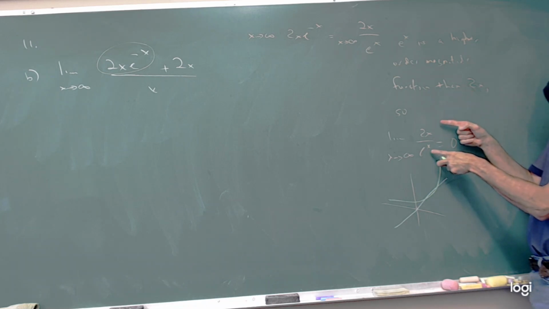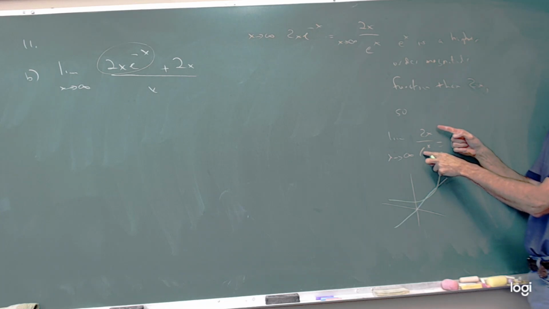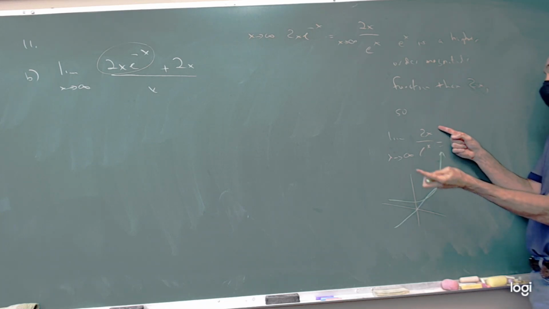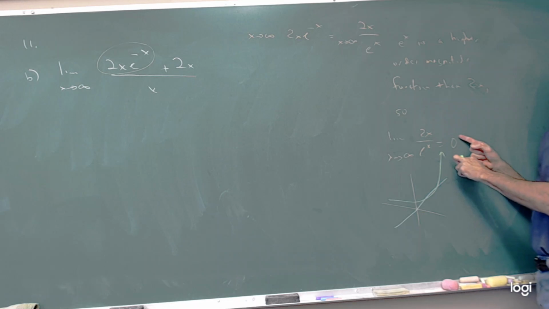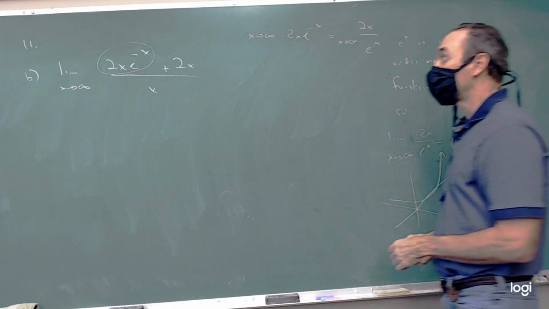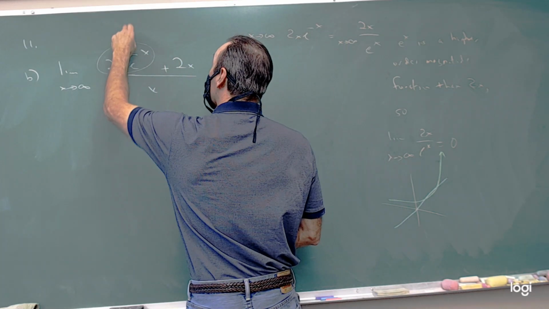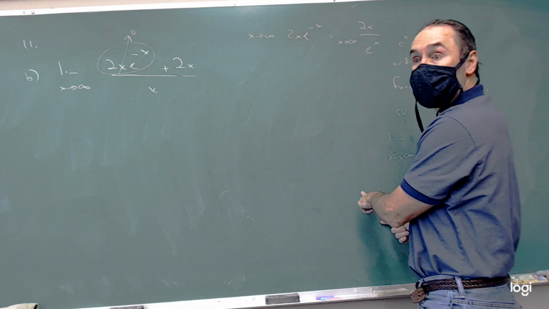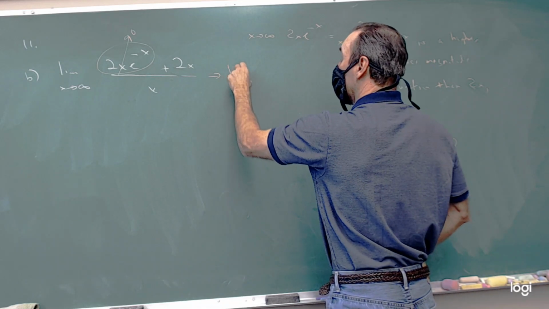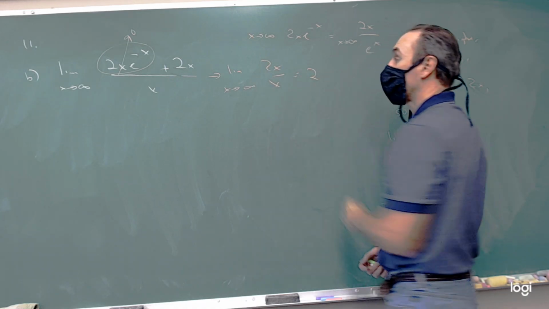As you look at that fraction, this thing's just overpowering it, and even though this may be a big number, this is a huge number, and the fraction is going to get really small and approach 0. So you could make that claim without using L'Hopital's rule at all. That would be okay. And then you could say, since that is going to go to 0, this is going to become the limit as x goes to infinity of just 2x over x, and that's always 2.